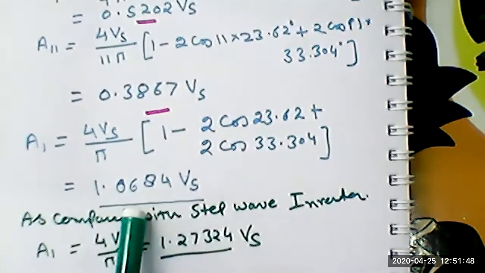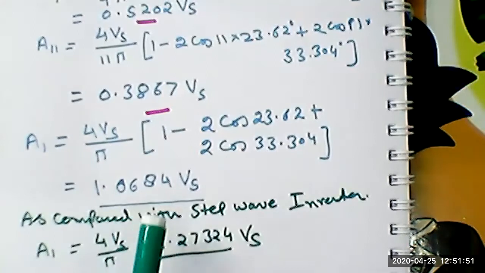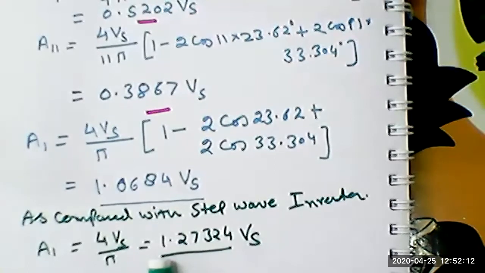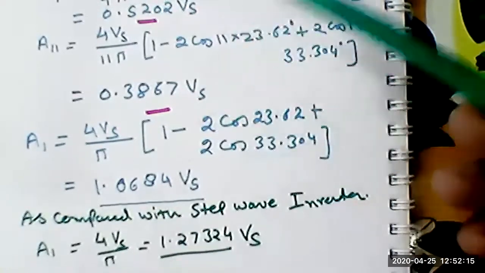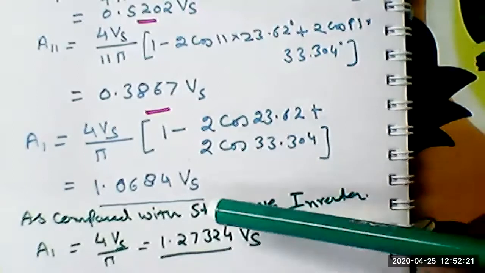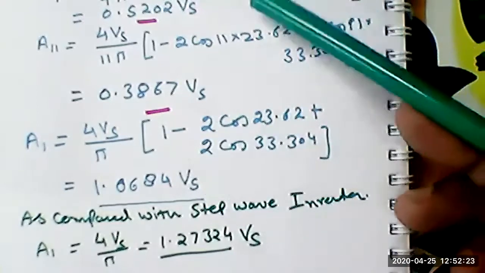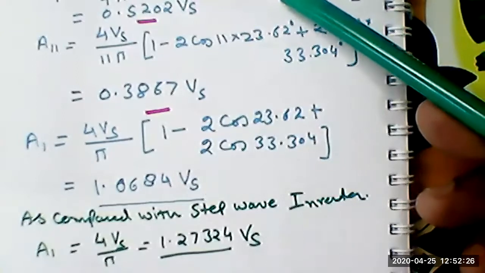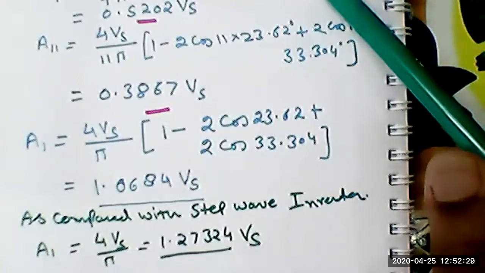Whenever you apply this type of inverter to run your drive, that means your induction motor, that induction motor requires a particular voltage and particular frequency to bear that particular load current, that particular torque. Torque means load current. So you have to give that much voltage. You cannot compromise with this voltage, right? In that case, it is very difficult to eliminate specifically any particular harmonic, right? Whether you have to control the voltage or eliminate a particular harmonic, the customer is least bothered about which harmonic you are going to eliminate, right?